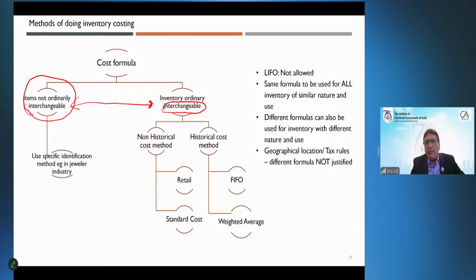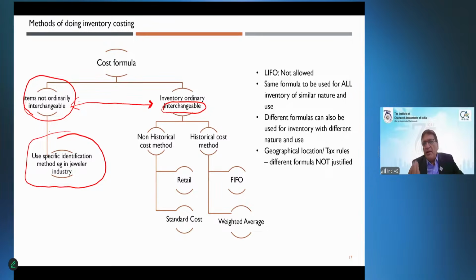Now, this marble is specific for that particular unit or that particular machine. In this case, the standard says you have to use the specific identification method. This is generally applicable in the jewelry industry also.